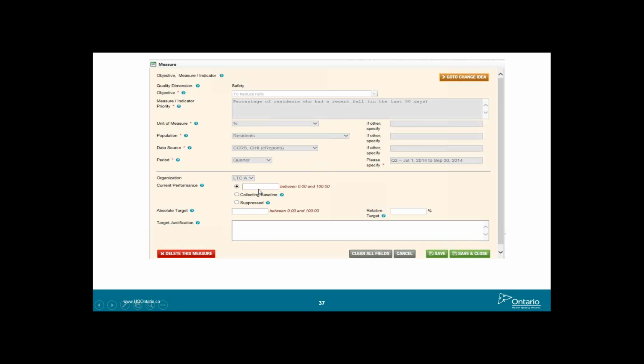Your current performance, until we actually pre-populate it, you can put in your current performance in this box here. Once we get the refresh data from the e-reports or from the health analytics branch, and we populate this with that data, then you cannot override it.